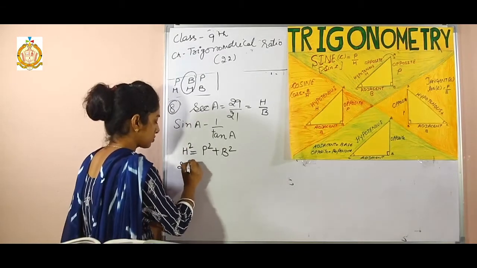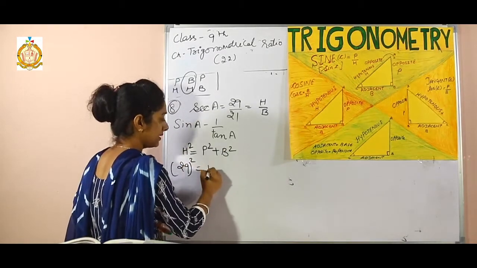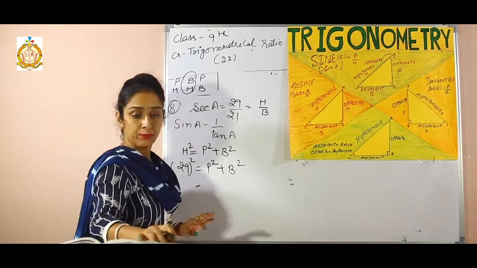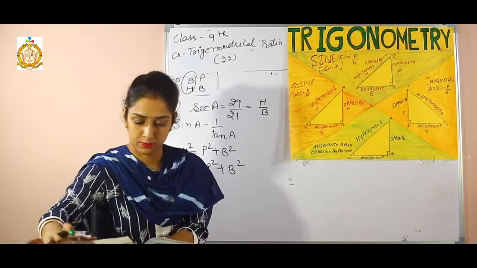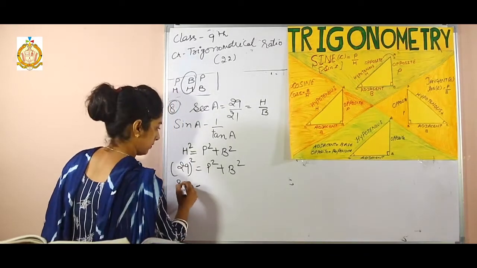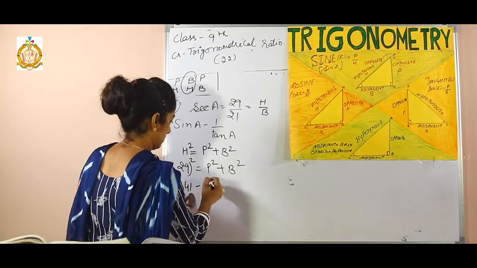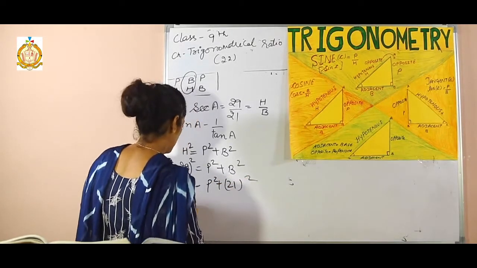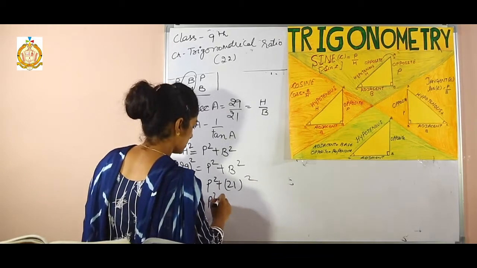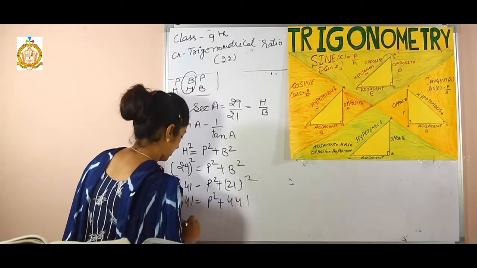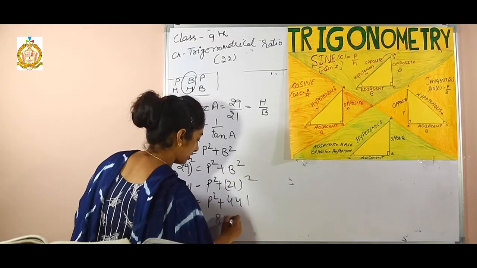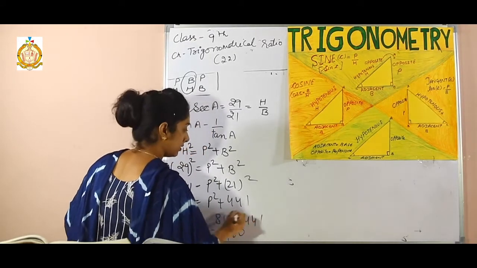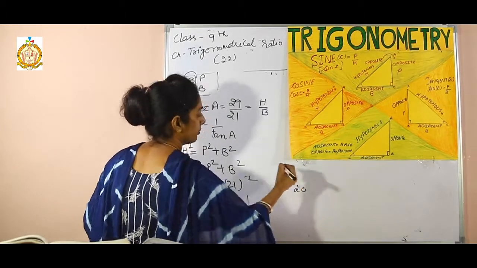Now 29 square is p square plus 21 square. Now 841 is p square plus 441. P square is 841 minus 441, which is equal to 400. Now P is equal to 20.